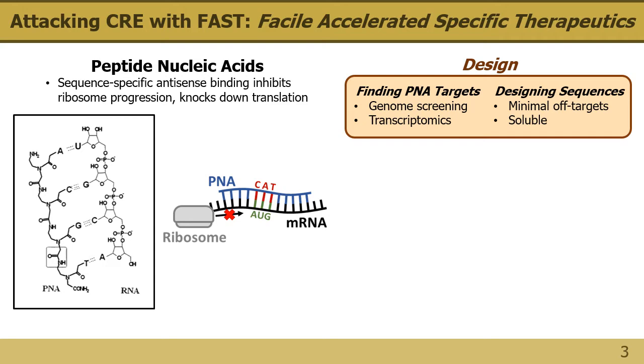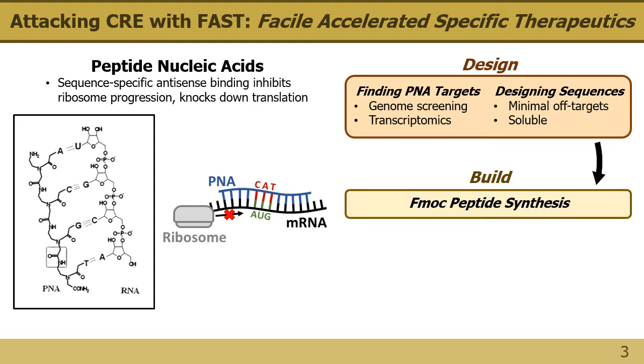So it starts out, and this is going to permeate through the talk. We design PNA, and in this study I'm going to design PNA using both genome screening, which is more standard, and then transcriptomics, which hasn't been demonstrated before. We designed the PNA sequences to have minimal off-targets and be soluble based on the sequence of the PNA.